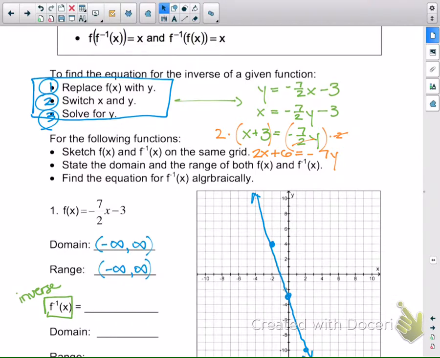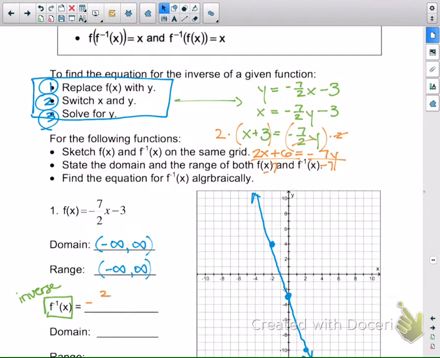So then my last step here to get my equation, if you don't like multiplying by fractions, this is 2 parts. I would solve by doing what? Divide everything by negative 7. Okay, so when I do that, my inverse equation is going to be y equals what?